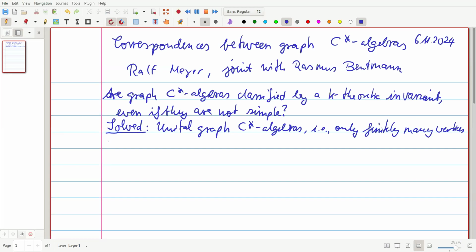What was also solved was purely infinite graph C-star algebras with only finitely many ideals.